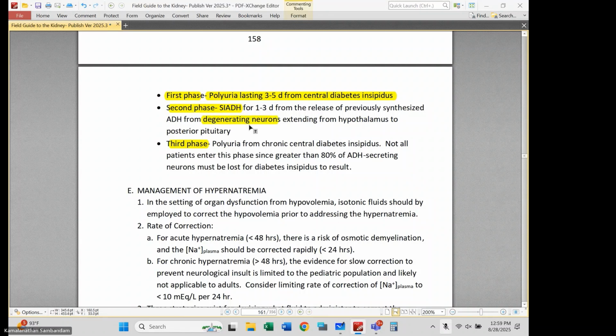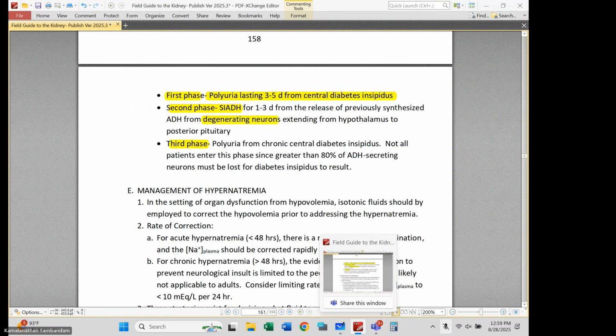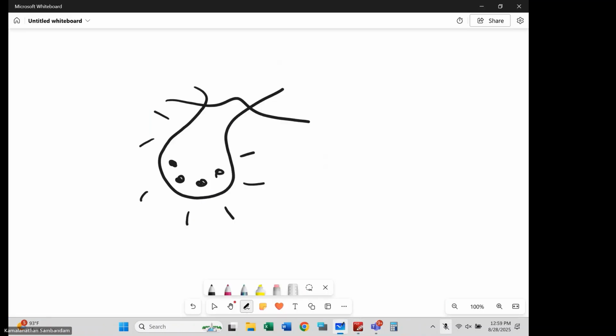And this is because this pituitary stalk has been disrupted, and remember, these secretory granules are derived from neurons that exist in the hypothalamus, in the posterior wall of the third ventricle.